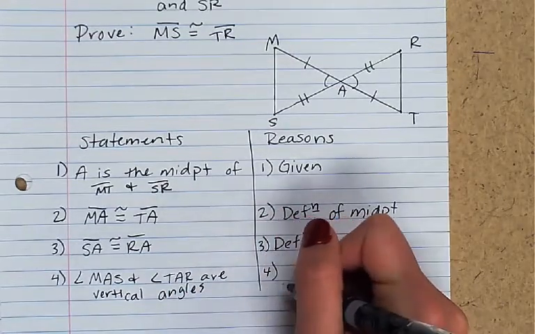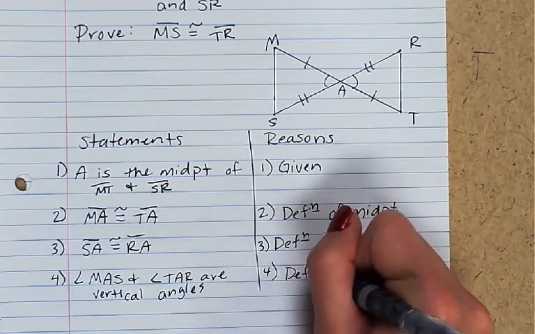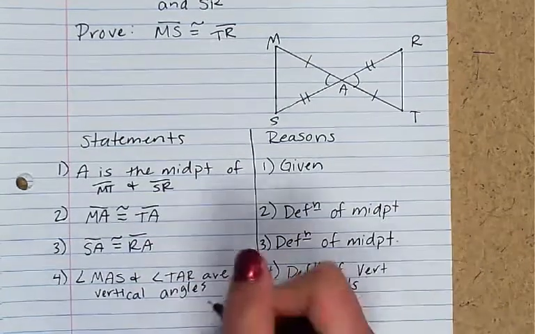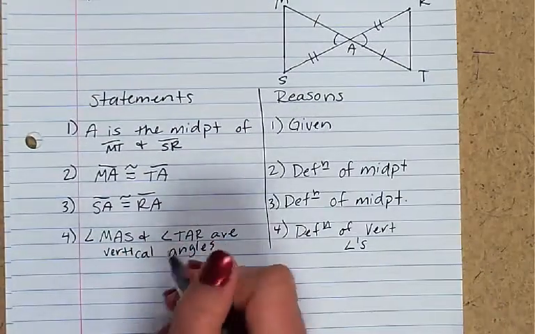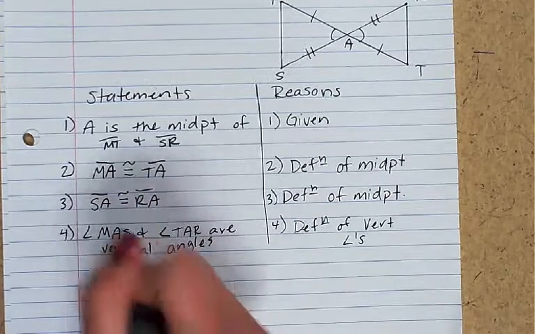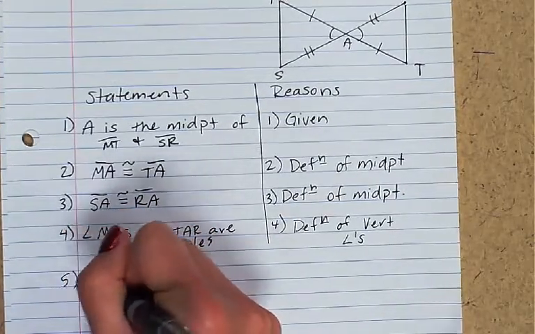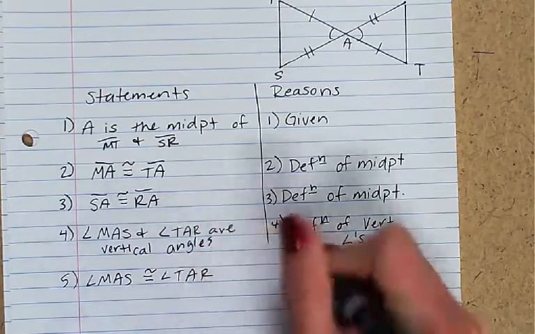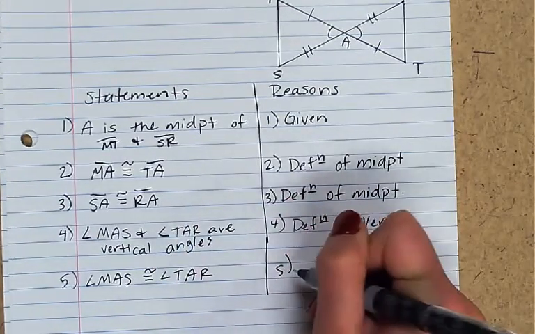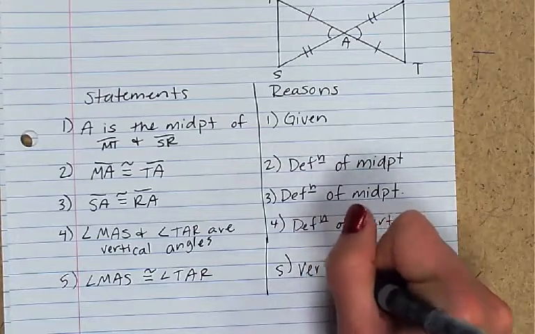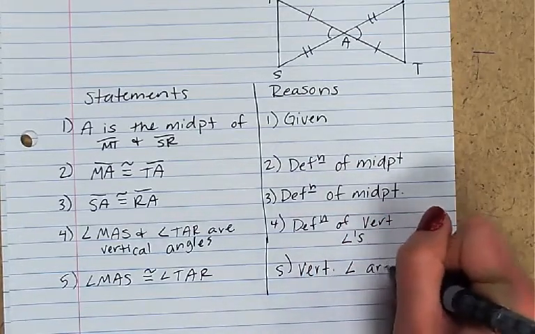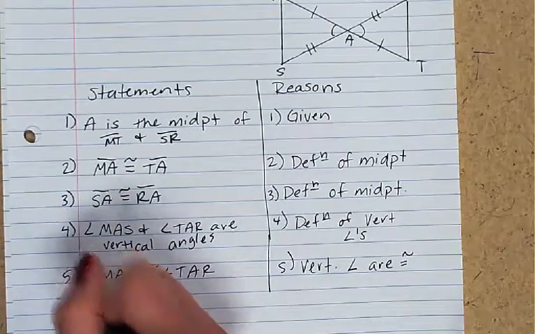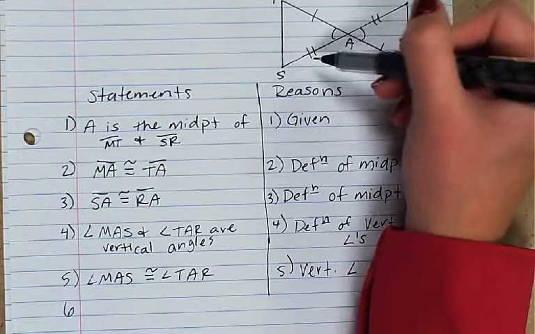That is the definition of vertical angles. That's not saying they're congruent, that's just saying they're vertical. So from there, I would say that angle MAS is congruent to angle TAR, and the reason is vertical angles are congruent, that's just the rule. And then from there, I have my 3 parts. I have 1, 2, 3 things.